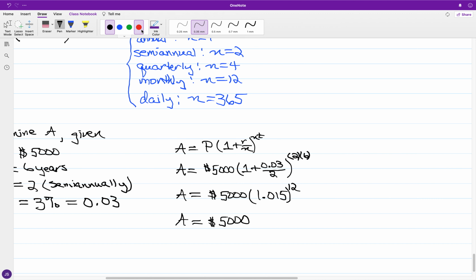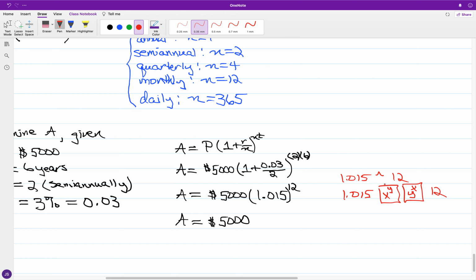Again, for 1.015 to the 12th. For many TI models, we'll have that caret symbol. For other models, you might have a second function or button, like x to the y or y to the x.